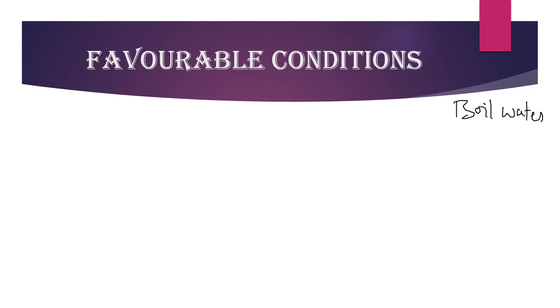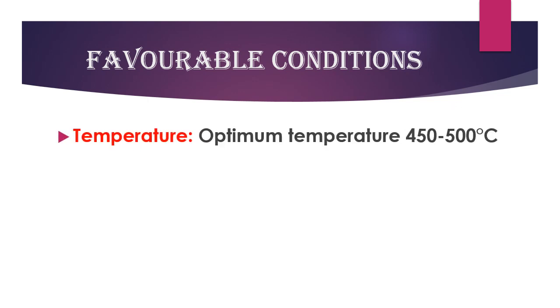Only in that condition will it cook the rice. So for this particular reaction, what do you need? You need temperature, which is an optimum temperature of around 450 to 500 degrees Celsius. We use pressure of about 200 atm.